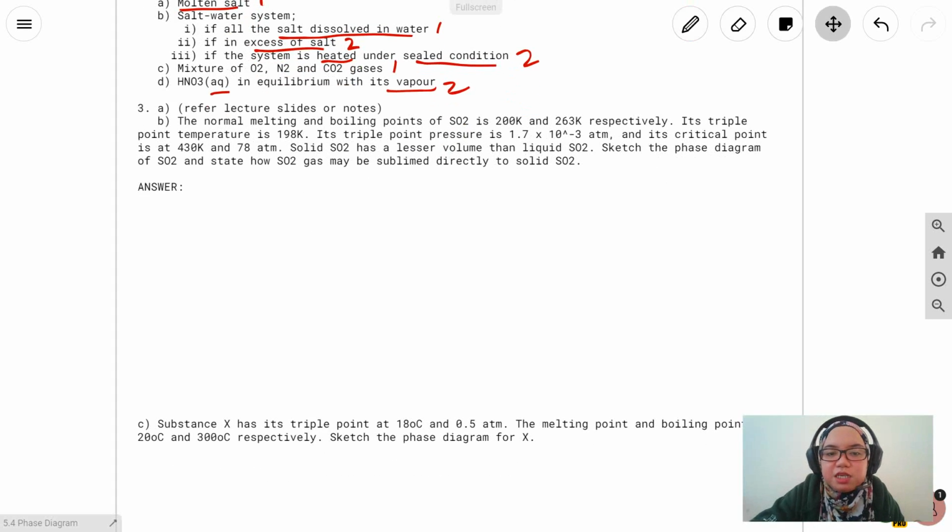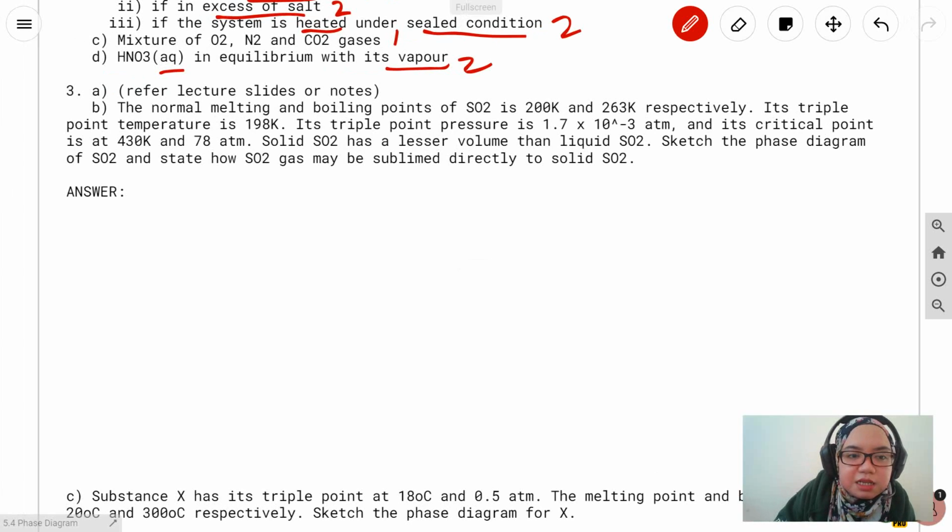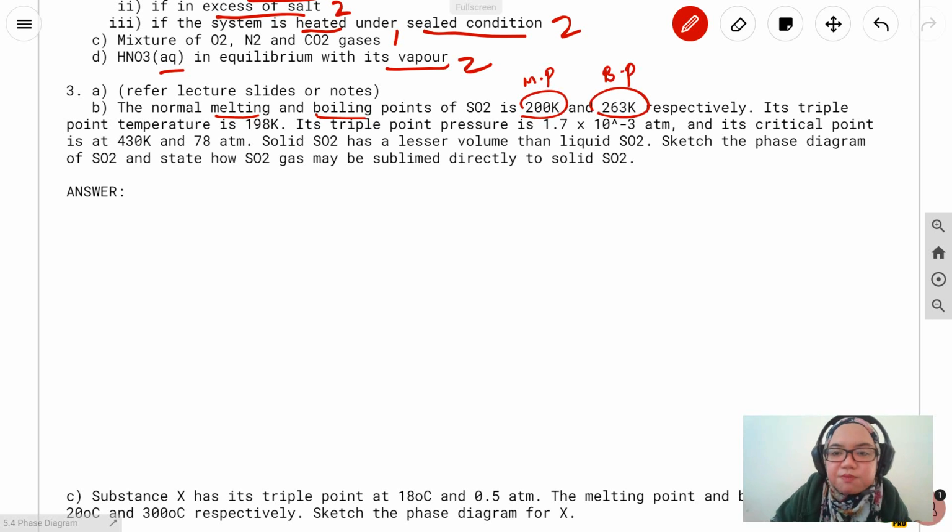Okay. Question B. It says the normal melting and boiling point of sulfur dioxide is 200 Kelvin and 263 Kelvin respectively. So, this is its melting point. This is its boiling point.